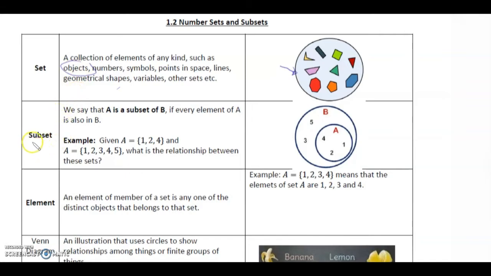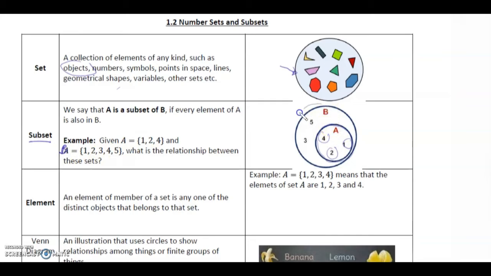When we talk about subsets, we say that A is a subset of B if every element of A is also in B. So this is our example. Given A is 1, 2, 4, see how A has these three numbers in it. And B is 1, 2, 3, 4, 5.